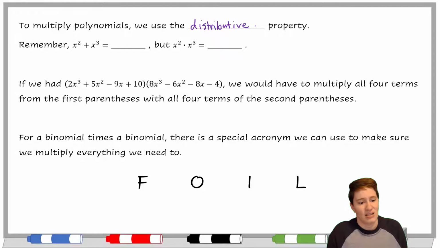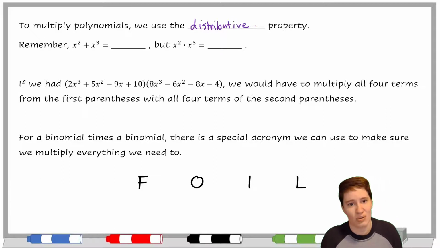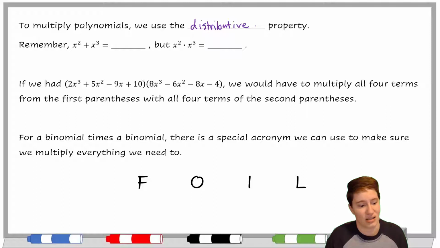It maybe didn't register when we were little kids adding and multiplying numbers for the first time how different those rules are. But somewhere around the time that you started having to do 2-digit times 2-digit multiplication, you may have noticed, hey, this is a lot different than addition. This is a lot more work in that particular case.